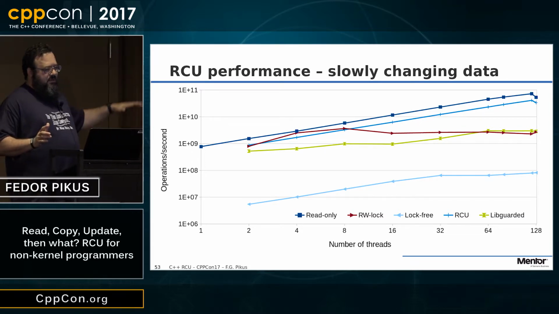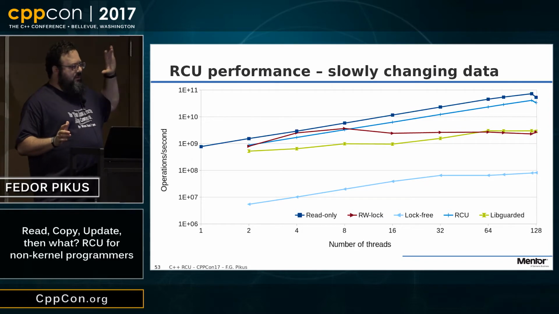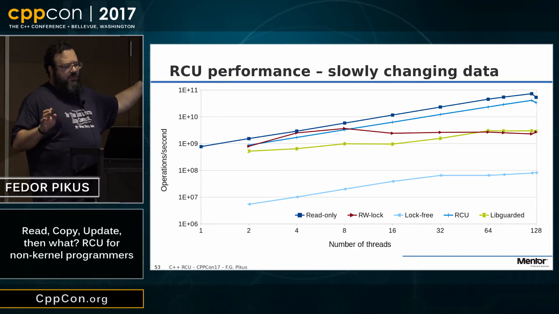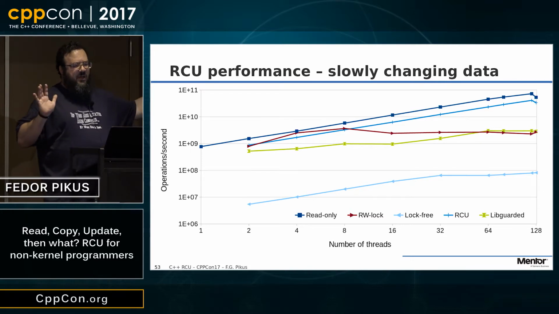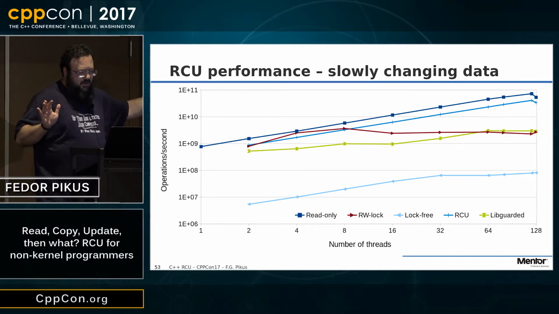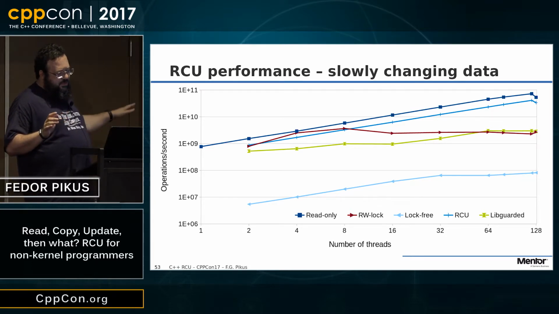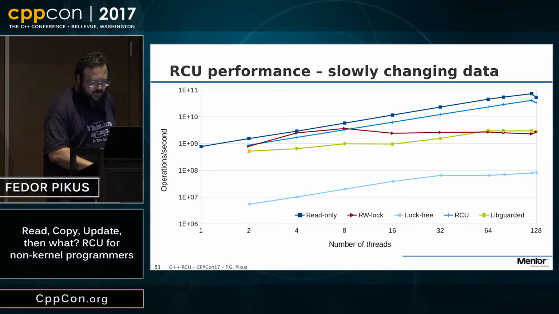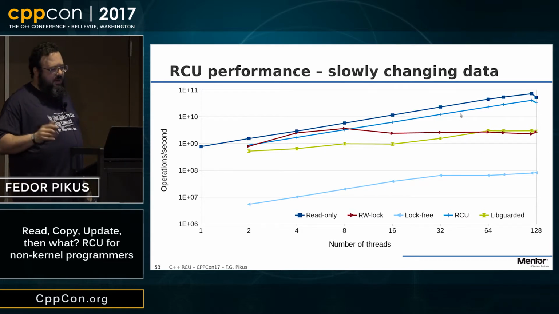So the baseline at the top, only reading, no synchronization. That's when I know that there are no writes. This is the ideal. I want my reads to be like that. The line that goes almost parallel to it, this one here, that's my RCU.